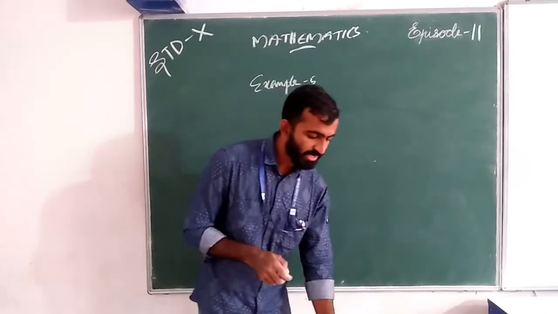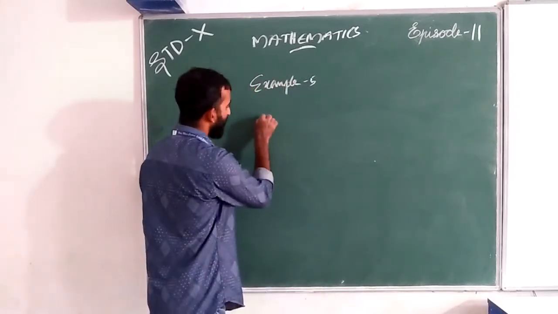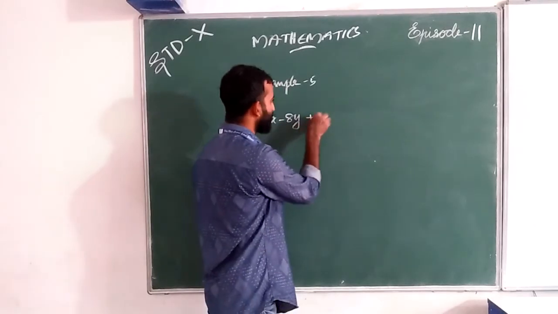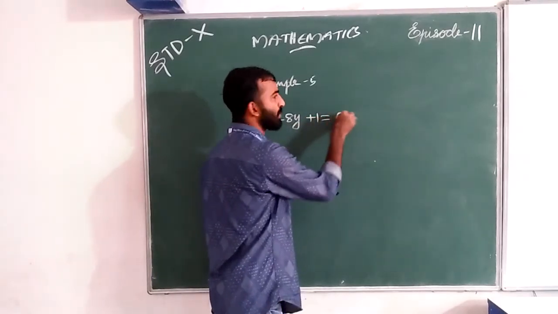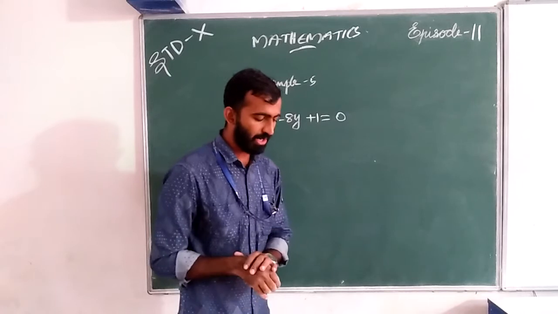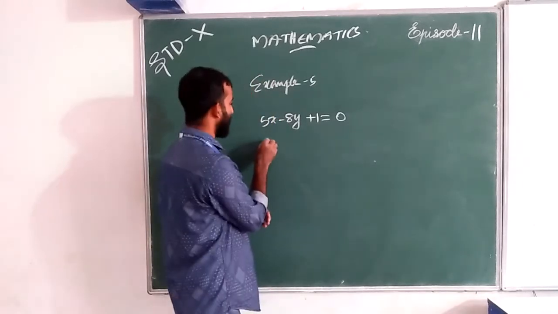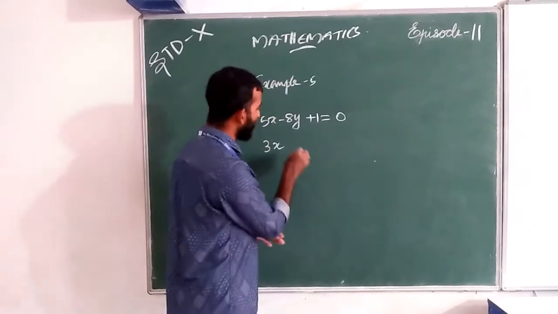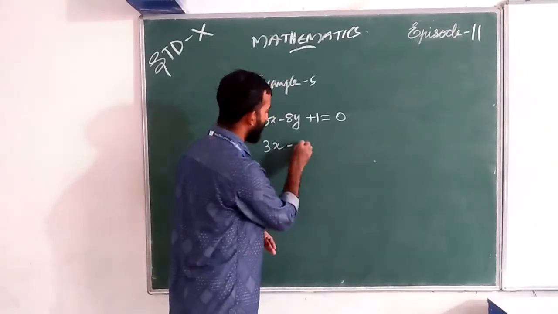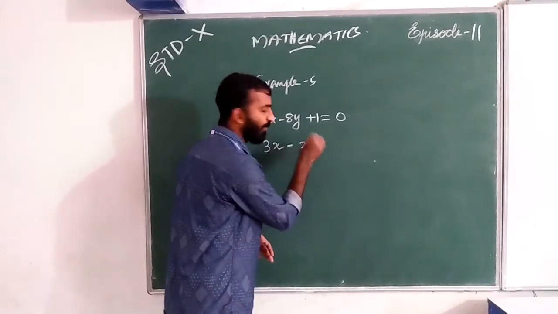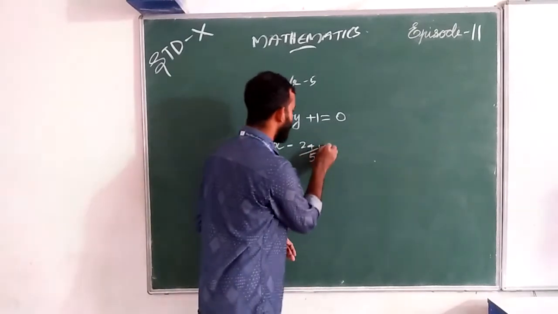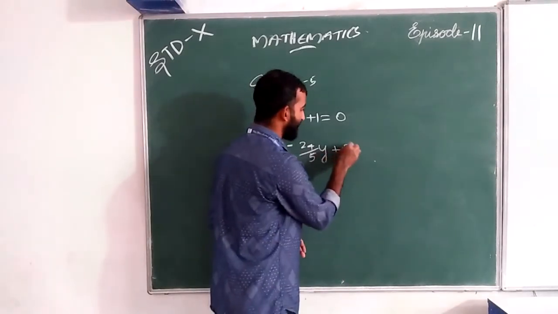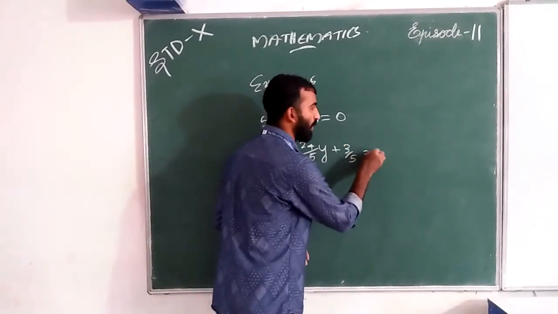Our first equation is 5x minus 8y plus 1 equal to 0. And the second equation is 3x minus 24 by 5 y plus 3 by 5 equal to 0.